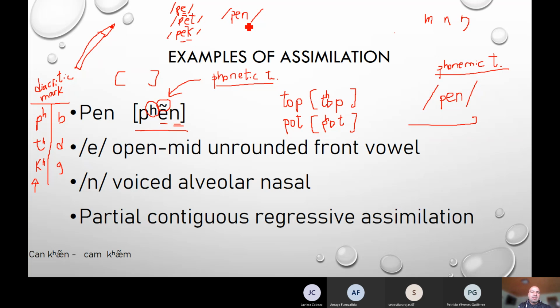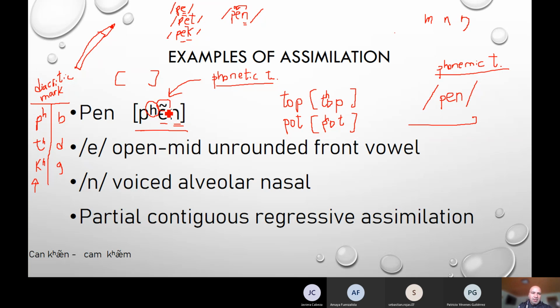And therefore, when we say "pen," this is a nasal sound. So the nasal sound is sharing some of this nasality with the vowel sound. Since the E is assimilating this nasality, we can say that this vowel sound is nasalized.